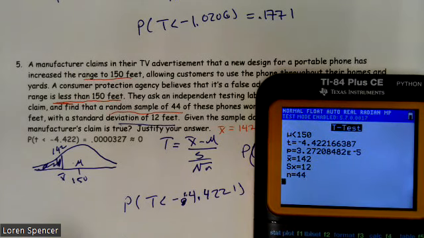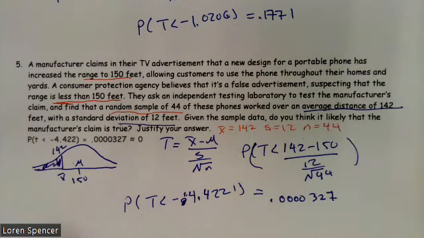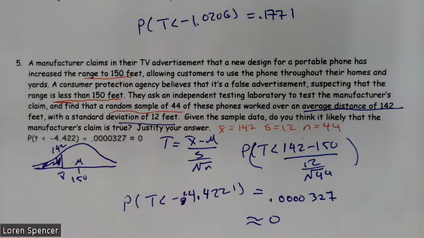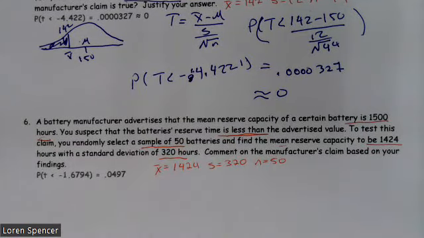All right, that's what that is. That's 4 decimal places. So whatever that number is, go one less, and that's 4. So I need 4 zeros. So there they are. That's approximately 0. I don't believe the manufacturer's claim. That's a p-value of 0.